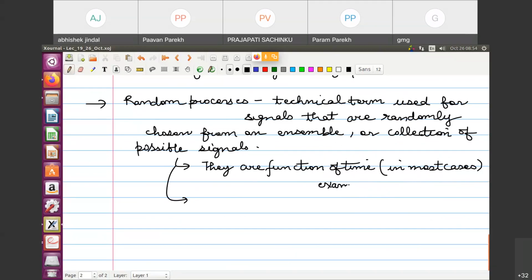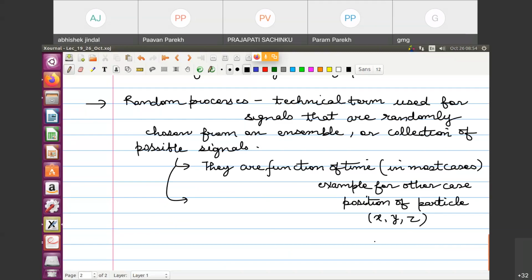Example for the other case: position of a particle, which will be x, y, z. Let us say there is a particle which changes position x, y, z, and based on that position, it assumes a different value.